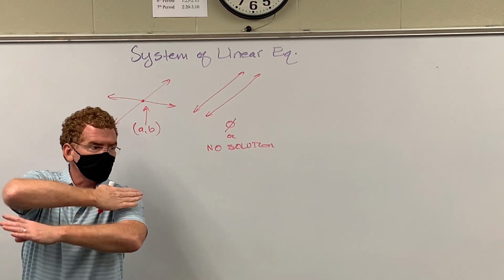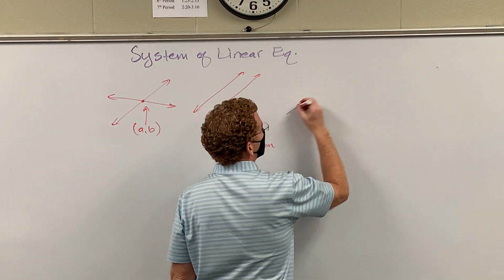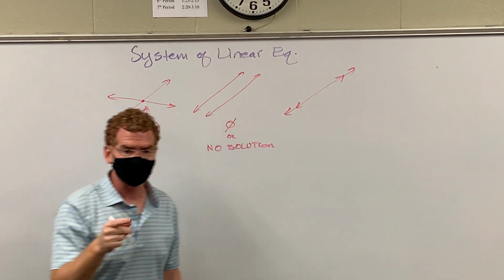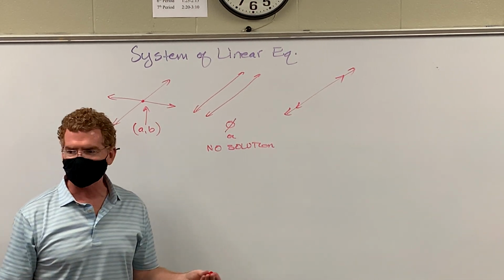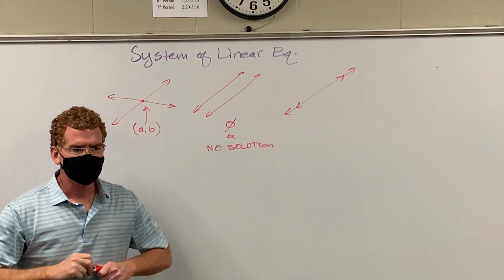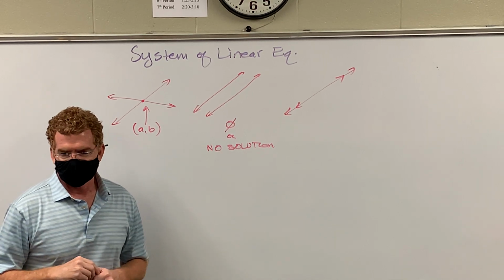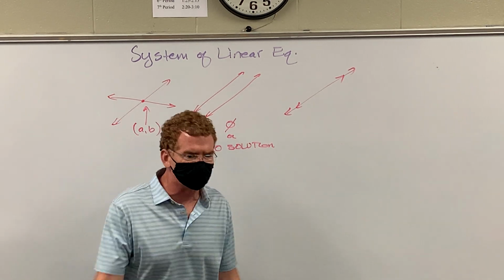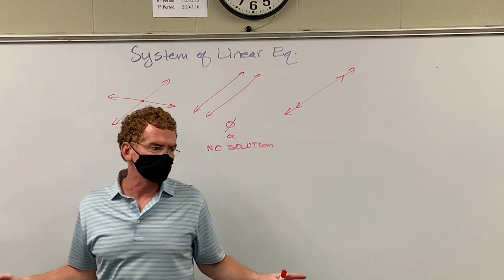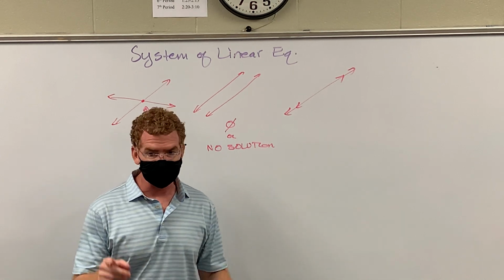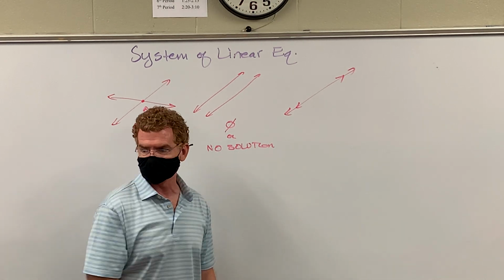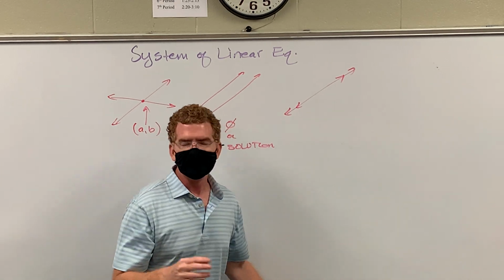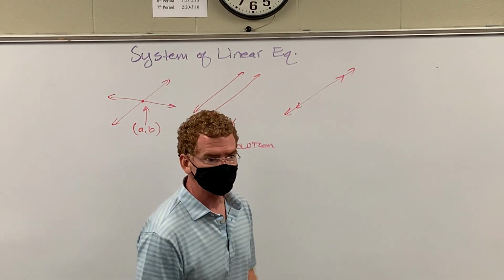So if one line is right on top of the other, and this is where people tend to make mistakes in their solutions, what would you write as your actual answer? Great, I never hear that correct on the first try. Most people go infinity or all reals. Now here's where they're off on that. He said the actual line would be the solution. That's fantastic. And here's the formal way to write that.